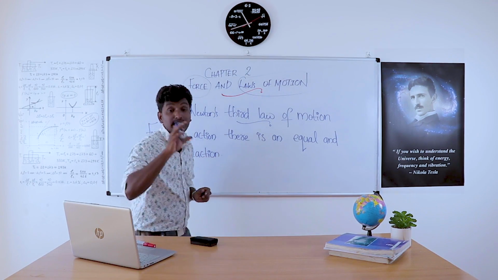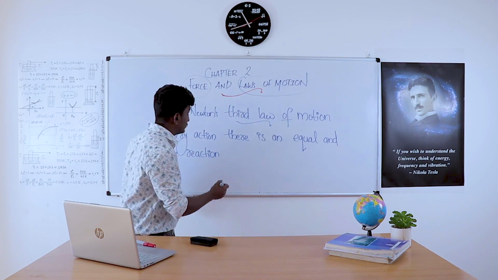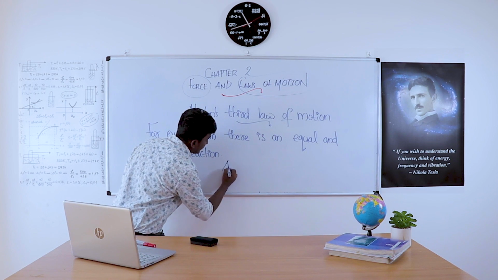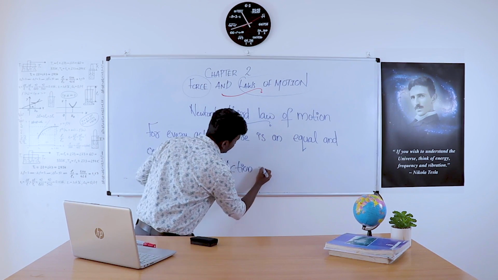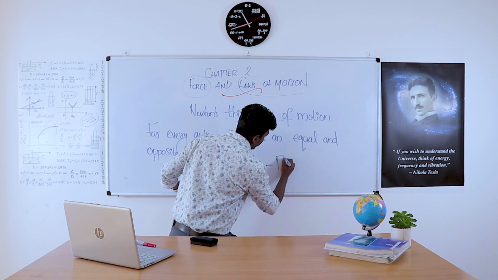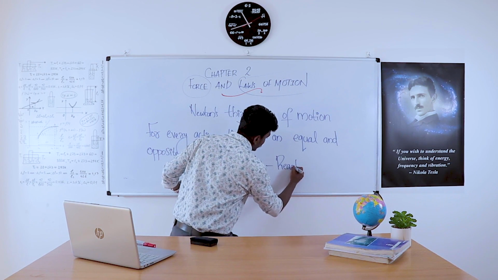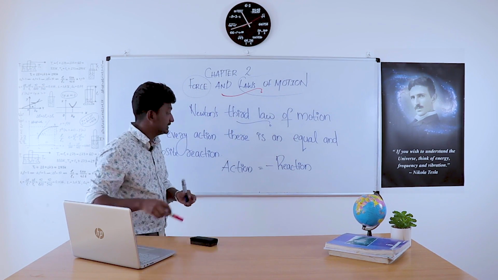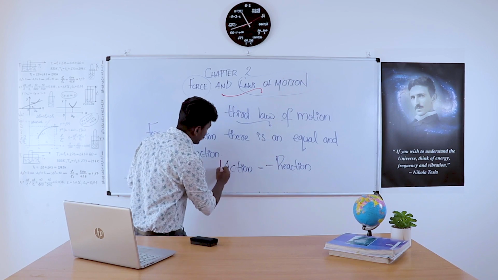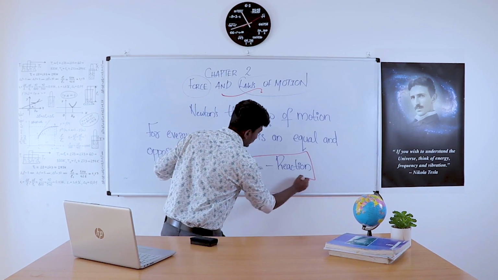That means action and reaction are equal and opposite. Thus, we can write action equal to minus reaction, or action equal to negative reaction. This is what is called equal and opposite.